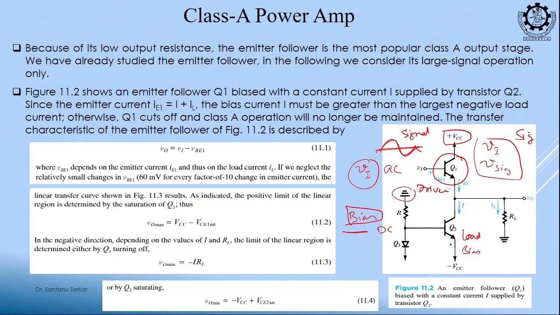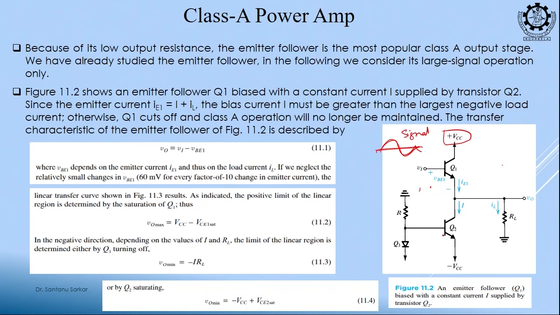So, what is the job of this one? Can you tell me, Q2, what is the job of Q2? You see, if you have a BJT and if you add a fixed base-emitter voltage, its collector current will also be fixed. If you have a constant voltage at the input, this will behave like a current source.